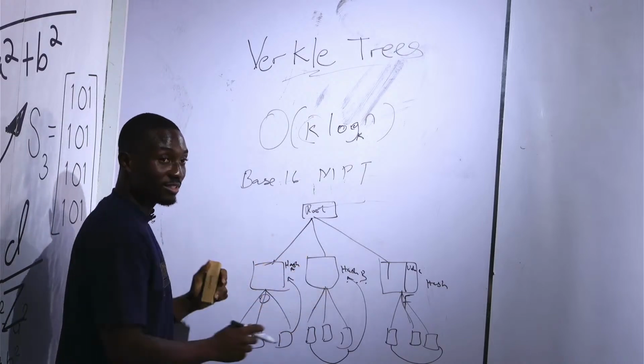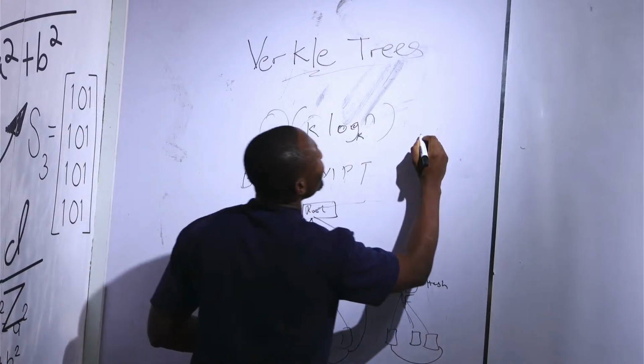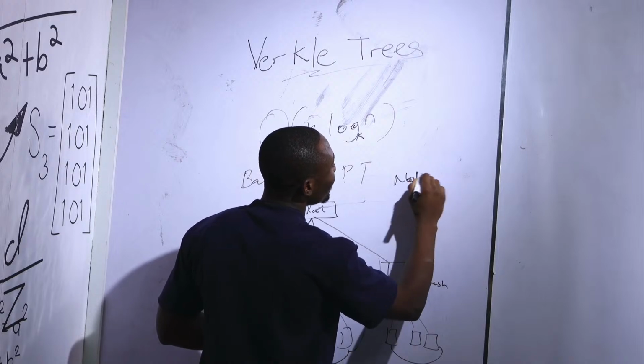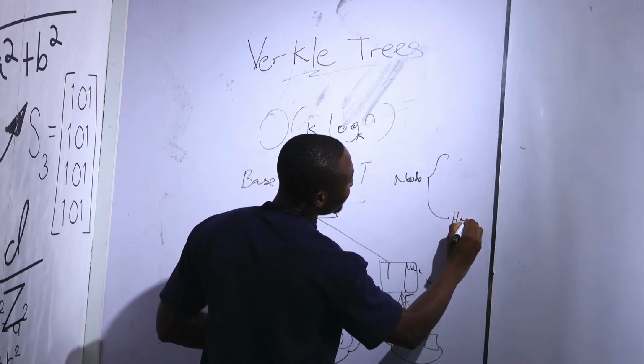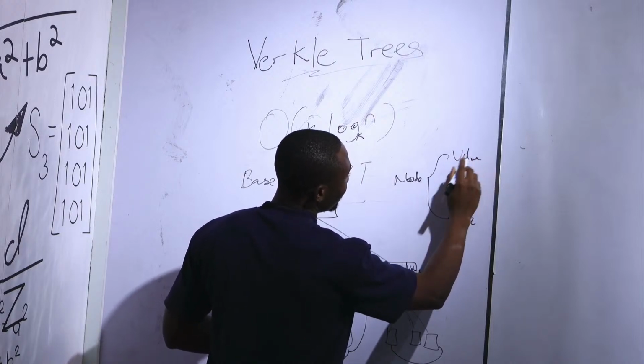A node is an enum. Exactly. A node can be an enum, so it can either be a hash or a value.